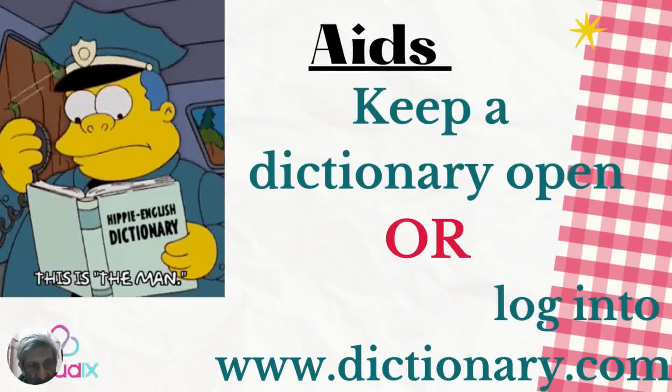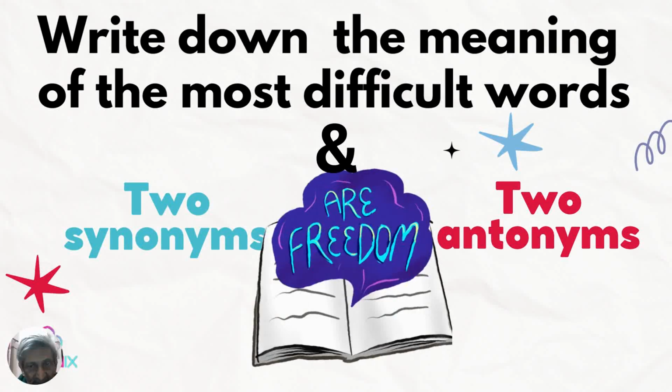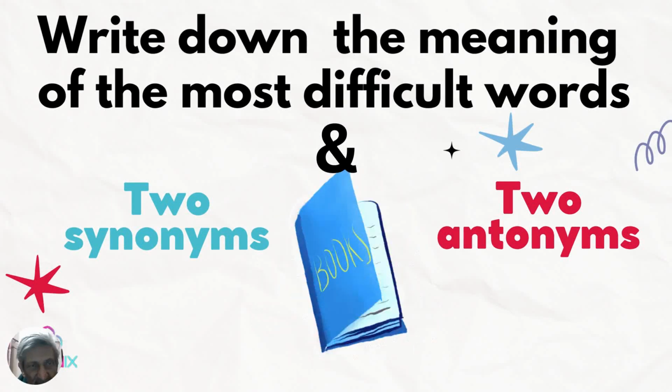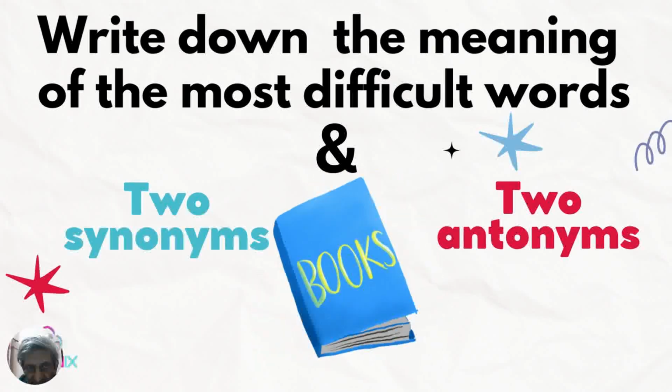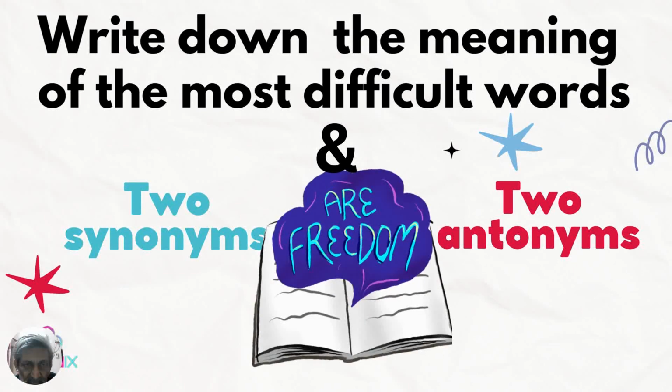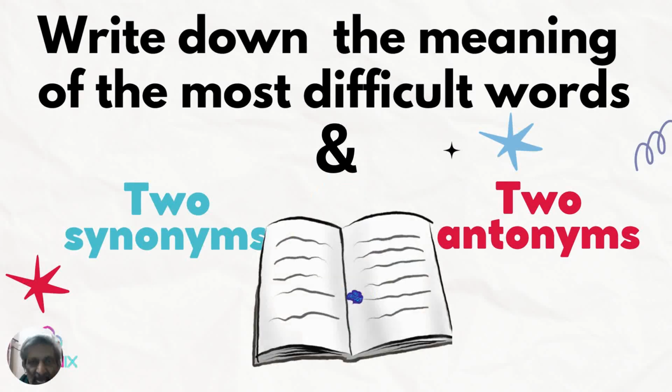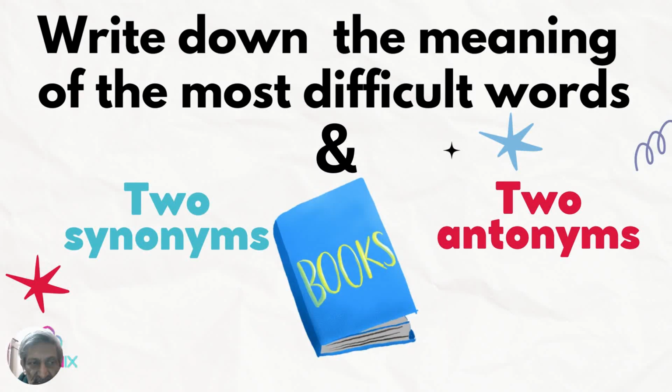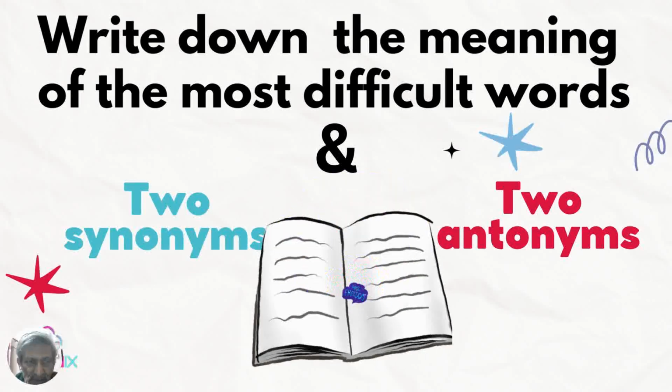You have to keep the dictionary open, like I just said. Then, write down the meaning of the most difficult words, like I said earlier, and 2 synonyms and 2 antonyms. Now this you have to revise every day. Whenever you open your English, just go through it.